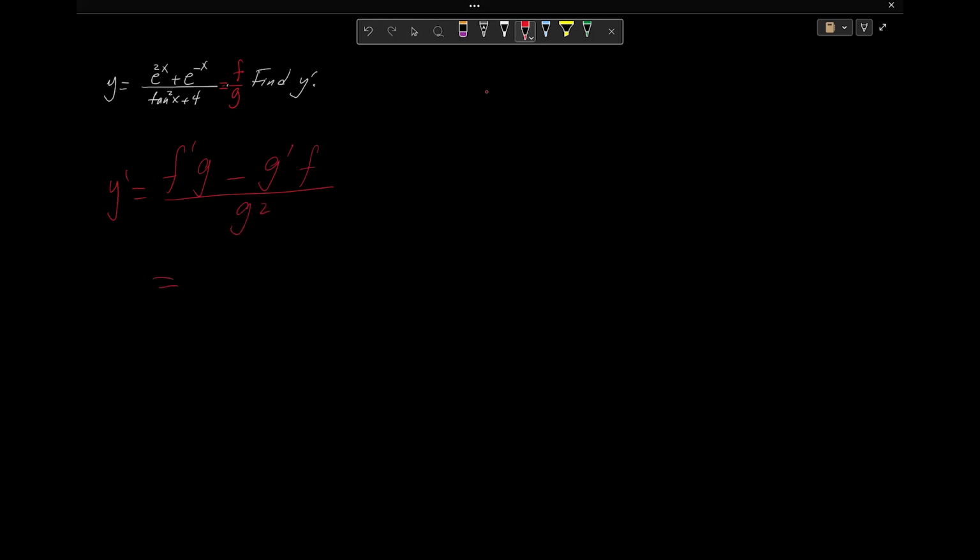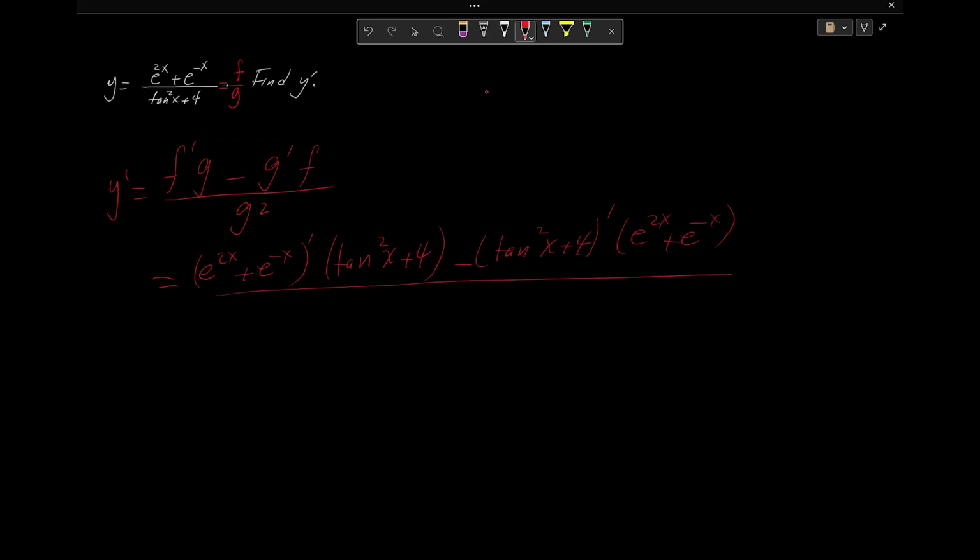So the derivative of the top, where's the top? Right here: (e to the 2x plus e to the negative x) prime. That's f prime times g, (tangent squared x plus 4), minus the derivative of the bottom, (tangent squared x plus 4) prime, times the top, over the bottom squared.